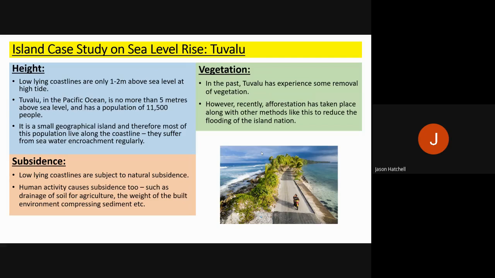So there has been in the past some removal of vegetation on Tuvalu Islands. Now, that's a problem because that removes the structure of the sand and soil, which removes what binds it together. However, recently afforestation has taken place in Tuvalu, and that means that it can reduce the risk of flooding because trees soak up water, but also it stabilizes the sand as well.